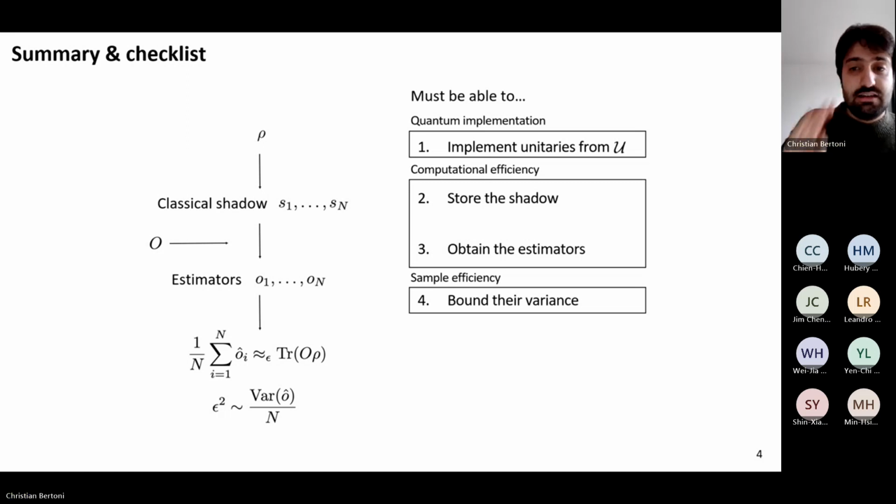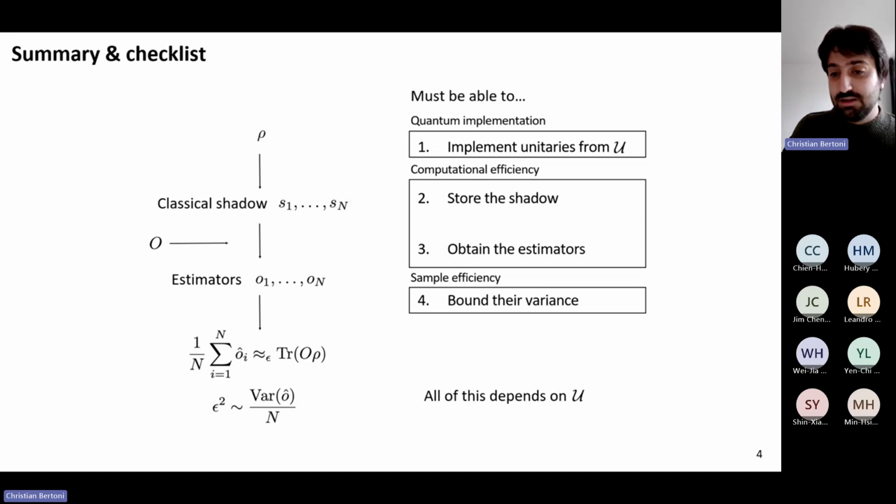And essentially, there are 3 main variables to play with. Here, there is the state, there is the observable, and there is this curly U ensemble. But we would like ideally not to, from the get-go, have any restrictions on the state and the observables. We would like the protocol ideally to work for the largest possible class of states and observables.